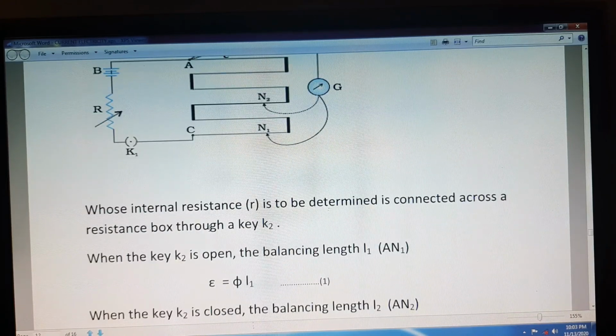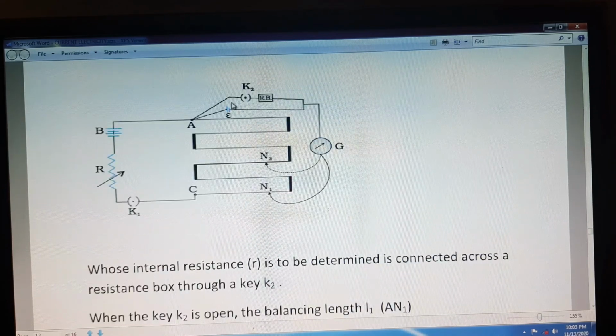In this, the cell whose internal resistance is to be determined is connected across a resistance box through a key K2. Determining the internal resistance, it will be connected with a resistance box and K2 key.